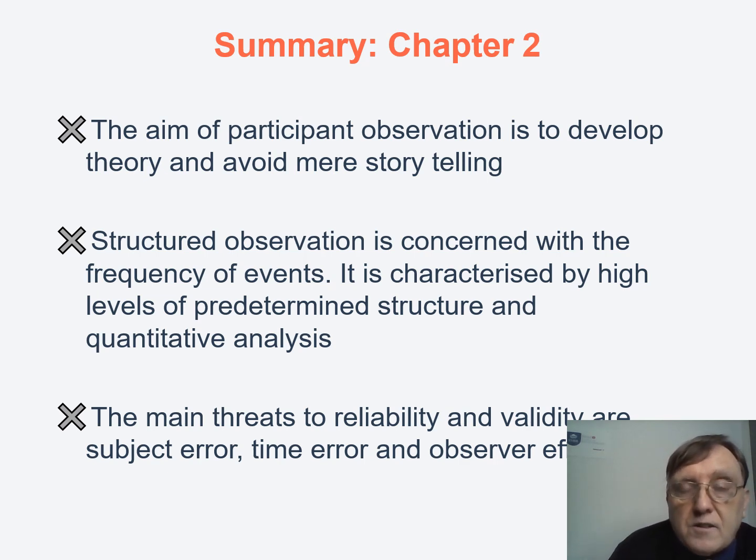Rather than, if you ask every individual why they're buying something, you may get a history of their family, which is not necessarily what you're after. Structured observation is concerned with the frequency of events, so it's characterized by high levels of predetermined structure and quantitative analysis. The main threats to reliability and validity are subject error, time error, and observer error.